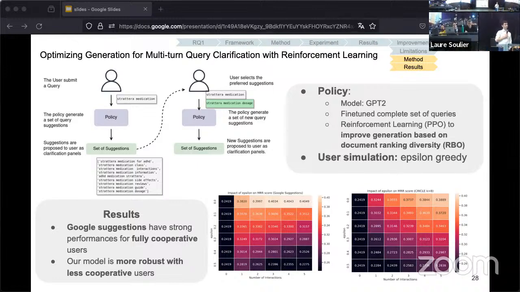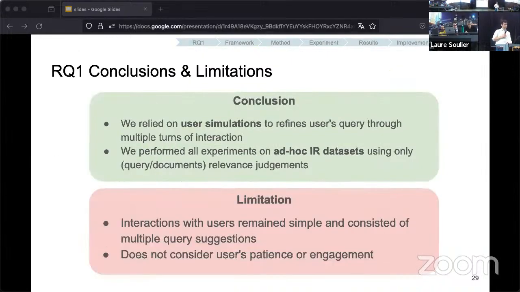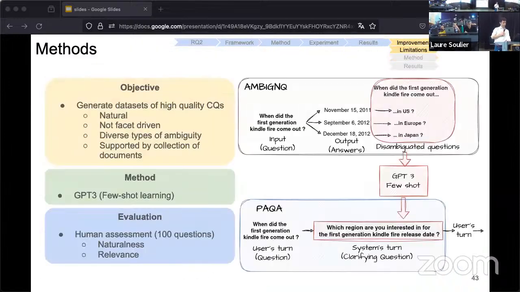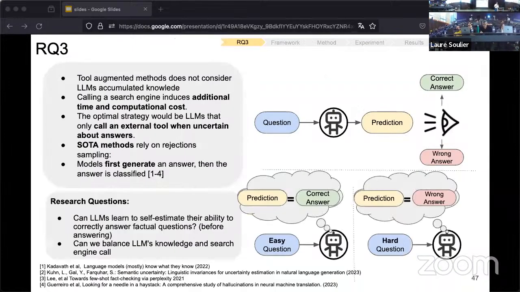Maybe on the last set of experiments, so when you want the LLM to learn the fact that it should rely on an external source, and do a query on the database instead of answering with some hallucination. At some point, we talked about naturalness. Can you evaluate the naturalness?